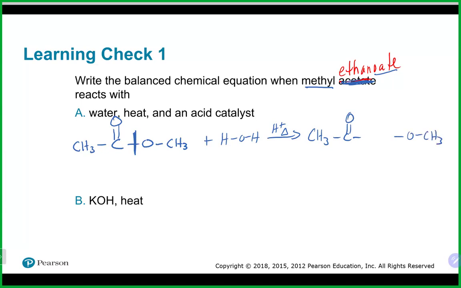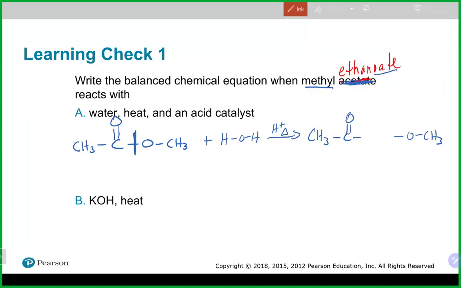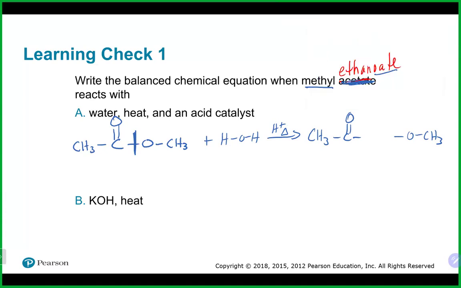Remember, in this case, with the acid, we are going to get back everything the way we need it. So we will get our carboxylic acid, which is the OH that needs to go over there. And again, to make this into an alcohol, we need an H that will end up there. That'll get us back our carboxylic acid and our alcohol. Any questions on that one there?